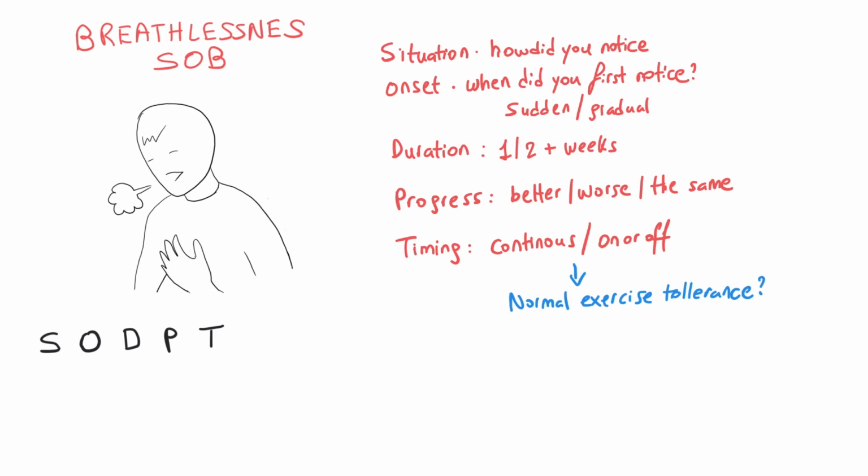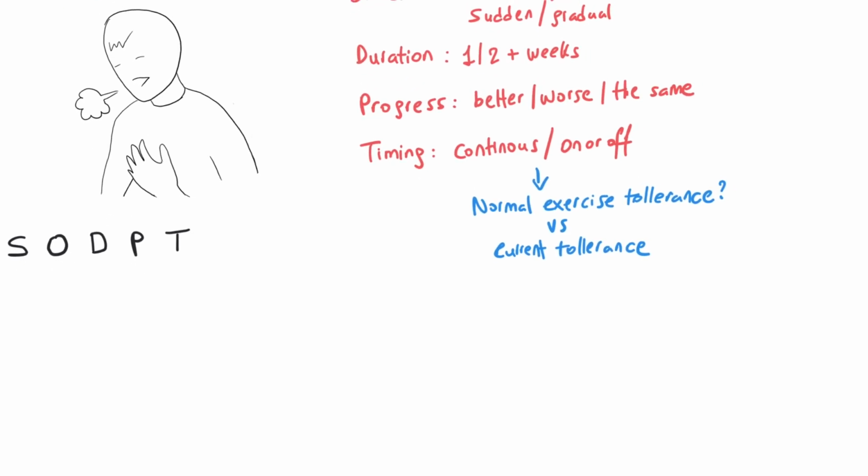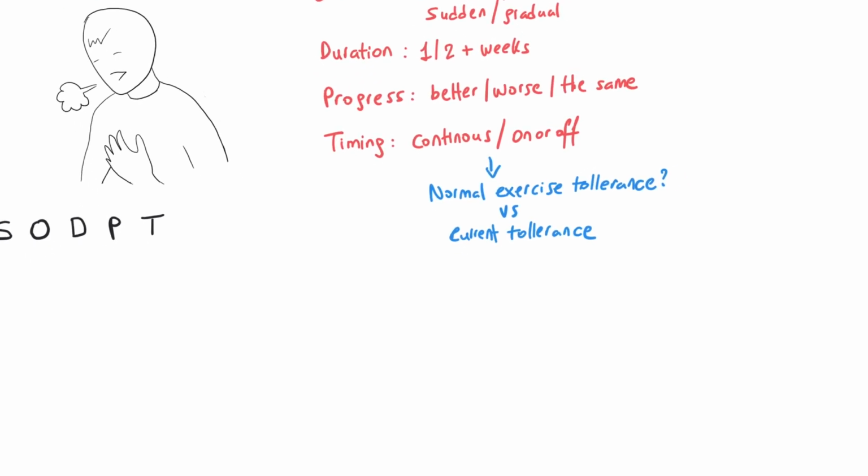So you can compare their normal exercise tolerance versus their current tolerance. It's quite important to know that, so you can ask more information from the patient in regards to their shortness of breath.